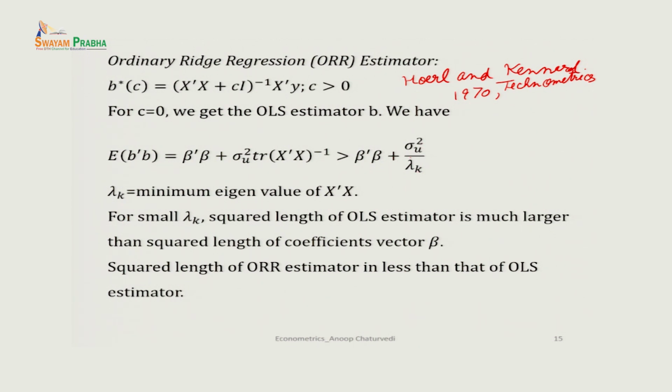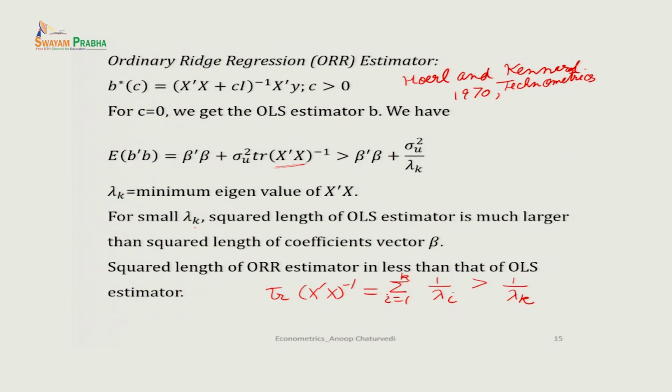Lambda k is the smallest eigenvalue of x transpose x. Actually, what is trace of x transpose x inverse? This is equal to summation i equal to 1 to k 1 upon lambda i. So, obviously, this is greater than 1 upon lambda k, the minimum eigenvalue of x transpose x.